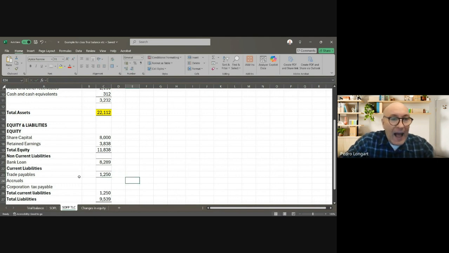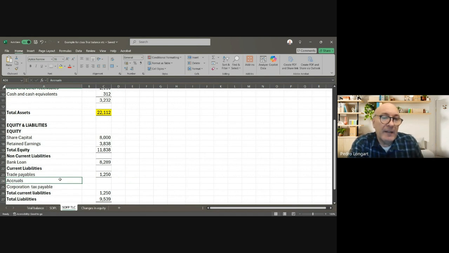What are accruals? Accruals are payments that are deferred, in which we owe that money. But let's say part of that was paid the previous year, but part of that is paid the next year.